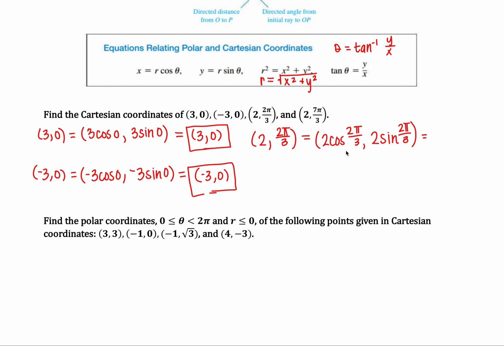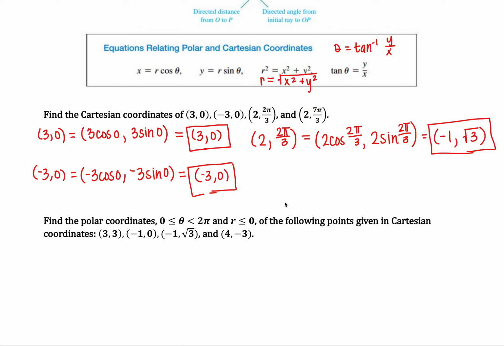Now, if you take the cosine of 2 pi over 3, you're going to get a negative 1/2. 2 times negative 1/2 is going to give you a negative 1. And then sine of 2 pi over 3 is going to be the square root of 3 over 2. 2 times the square root of 3 over 2 is just the square root of 3.